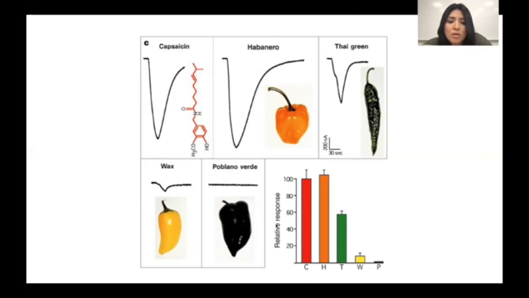And as we go up, we can also see a bigger change that correlates to how much response there is with capsaicin. We can tell that there's more capsaicin with habanero, and that is why it looks like that, as it should, which means we are getting close to finding that receptor that we are looking for.